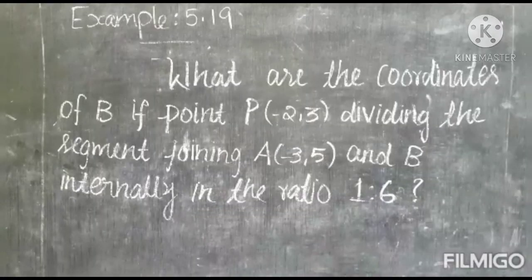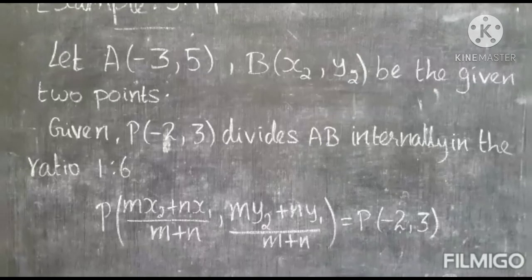Example 5.19. What are the coordinates of B if point P (minus 2, 3) divides the segment joining A (minus 3, 5) and B internally in the ratio 1 is to 6? We have to find the point B. Let A (minus 3, 5) be (x1, y1) and B (x2, y2) be the given two points.